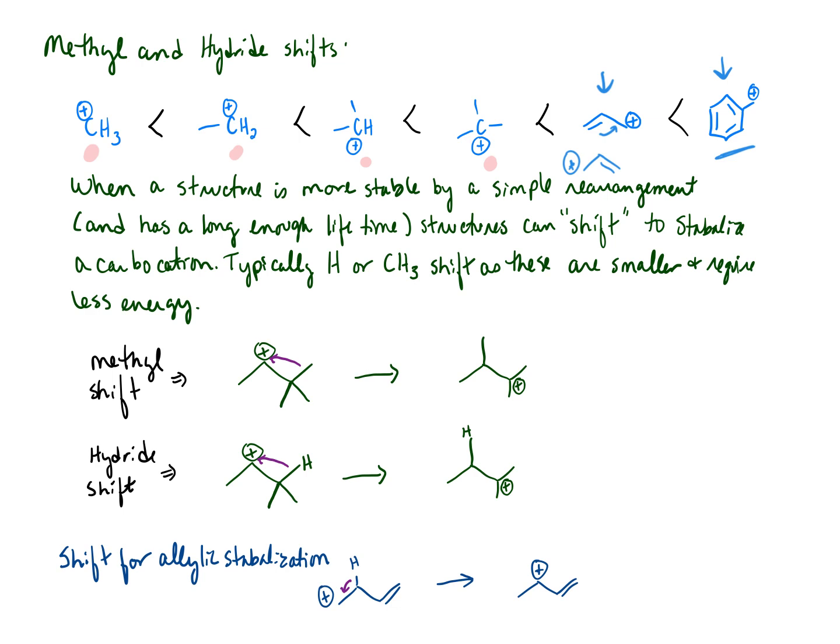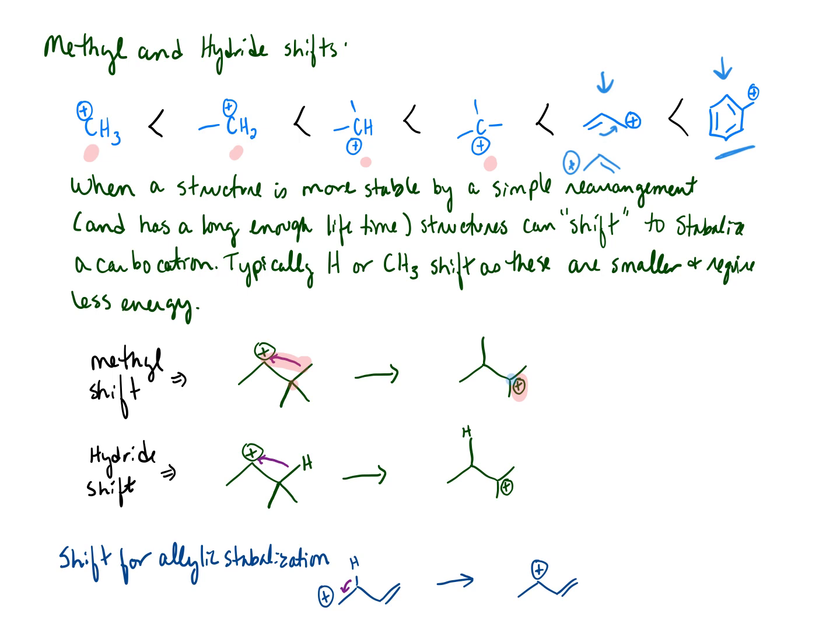Okay, so a methyl shift would simply be taking a methyl group and moving it over towards that carbocation. And so what is going to result there is you're going to get a positive charge there because you took a bond from this carbon right here and you moved it over. So you take it and leave a hole in this spot right there, and that's where you get the carbocation there.